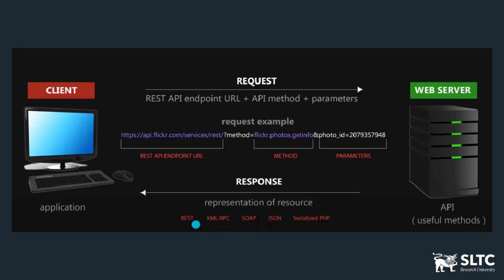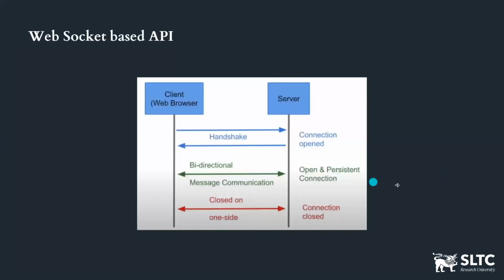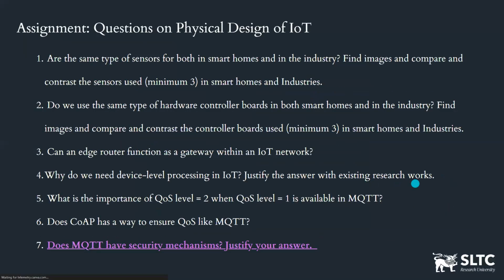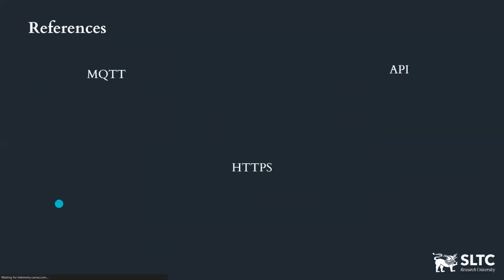So there are different formats that can be used to represent and form the response message. So the standard formats of a response message are JSON format and XML format. So they are written using these languages. So we need to consider those aspects as well when we discuss the APIs.